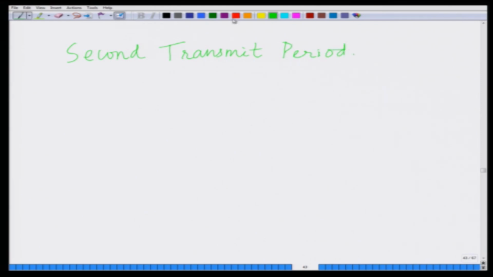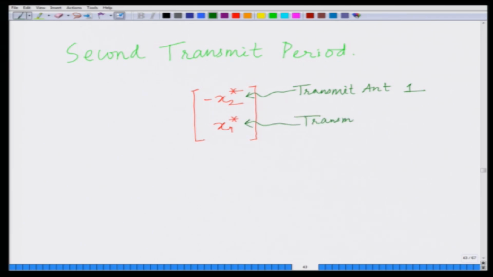So, in the second transmit period, we transmit minus x2 conjugate from transmit antenna 1 and x1 conjugate from transmit antenna 2.